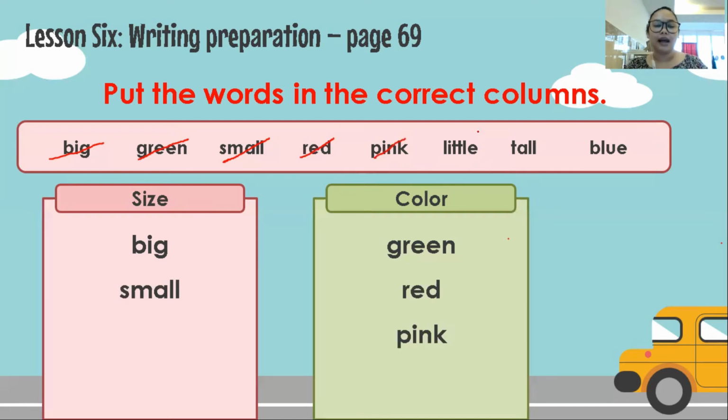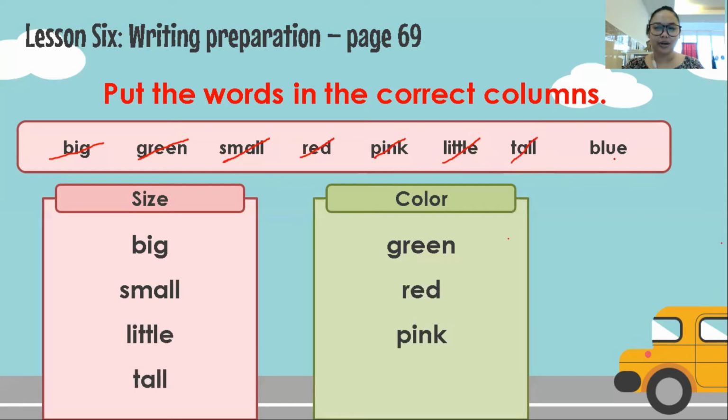Little. How about little? Is it a size or a color? Yes, it's a size. Good job. How about tall? Is it a size or a color? Yes, it's a size. And blue.